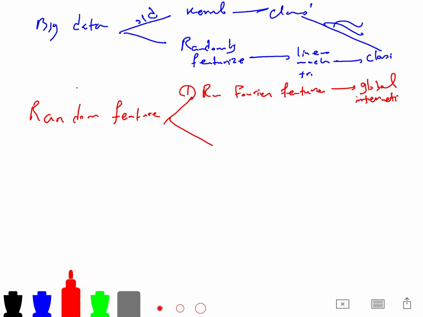The second approach is random binning features, which is good for locality. I mean you leverage locality.